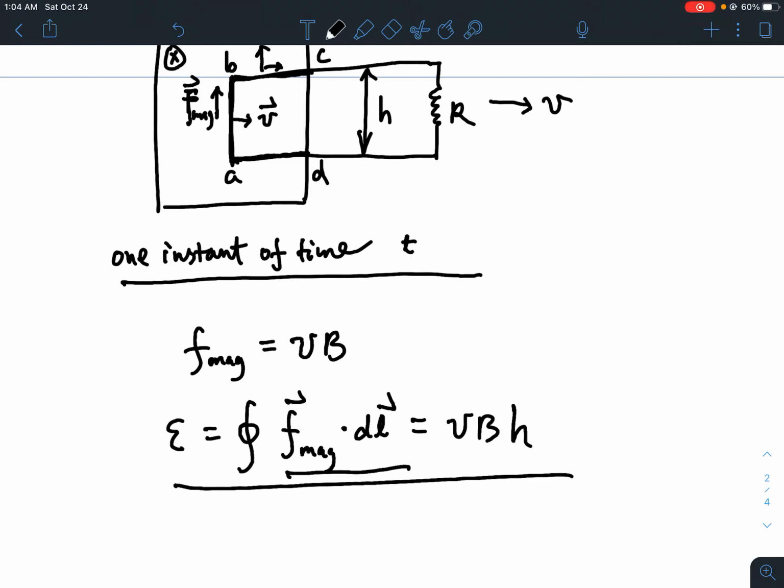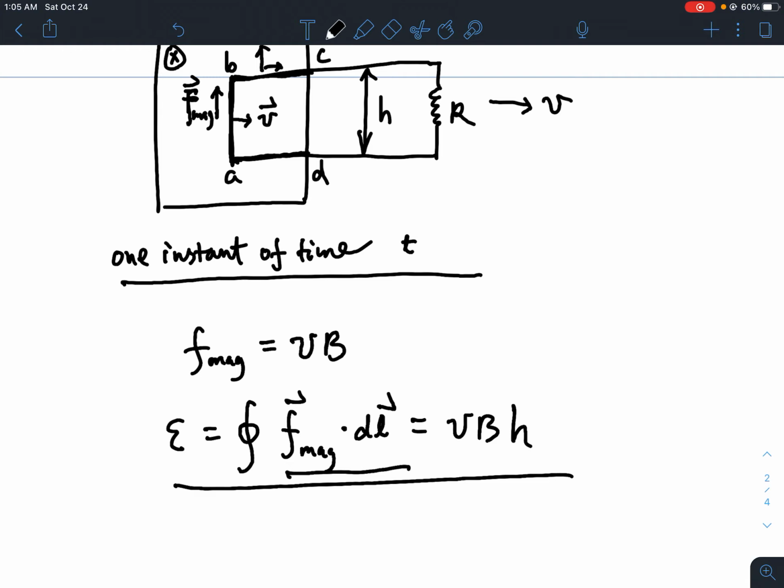So the question is, who is supplying the energy that will create the current and then dissipate some heat on the resistor? The simple answer is the person who is pulling on the loop, who is really doing some work.